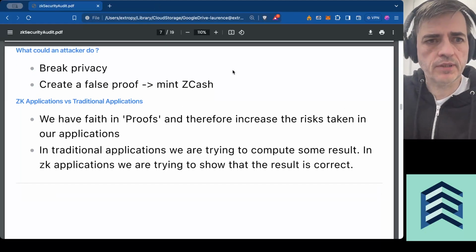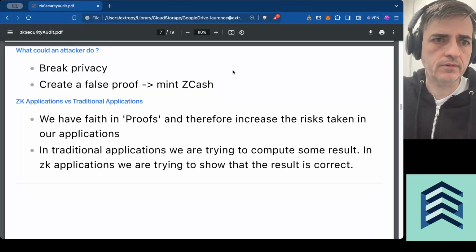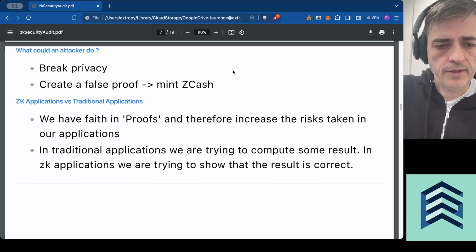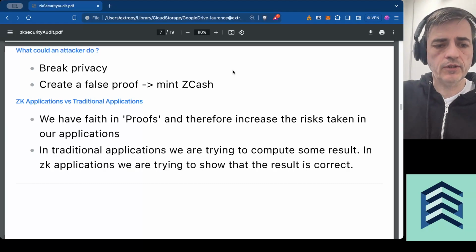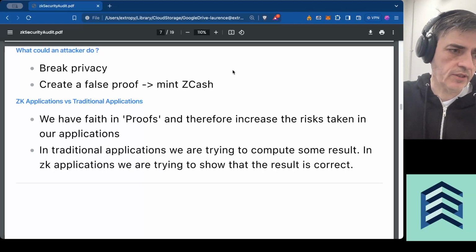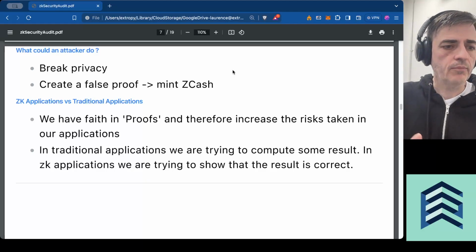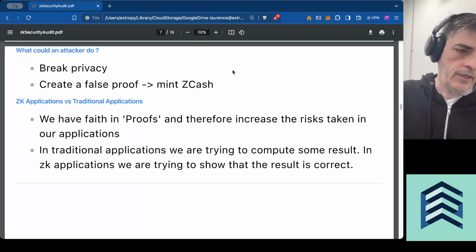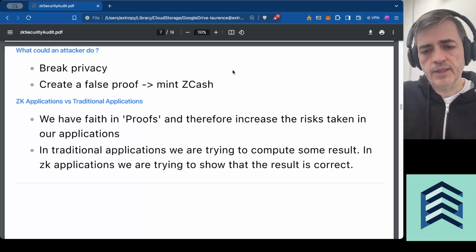Another aspect to think about when we're thinking about ZK systems and applications is that I think that because of the very rigorous mathematics involved and the fact that these are called proofs, people are much more trusting of them, and they're therefore more likely to take risks in the applications.